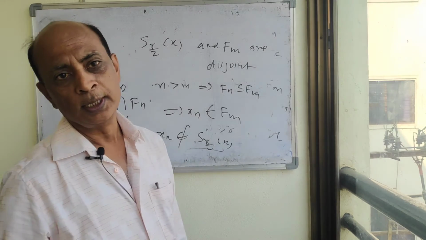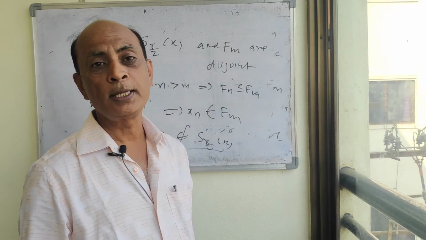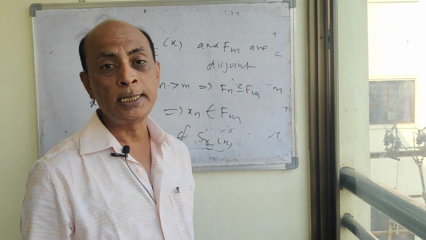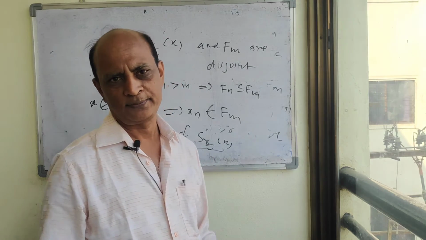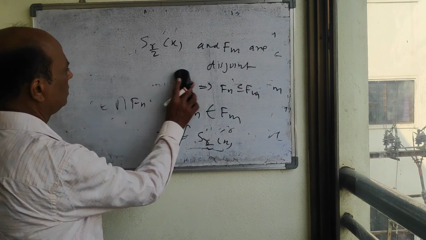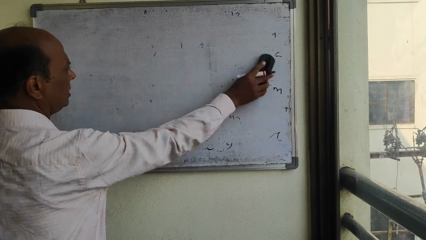So in this way we have proved that the intersection of Fn, n from 1 to infinity contains a unique point, that is, exactly one point. Now finally we have to show that this x is unique.